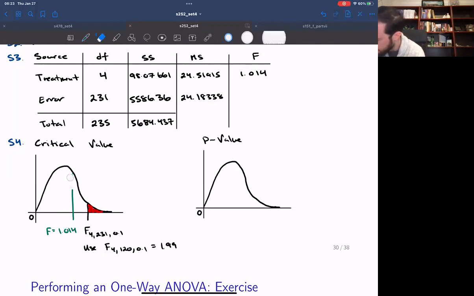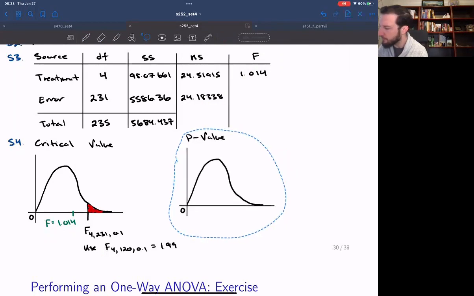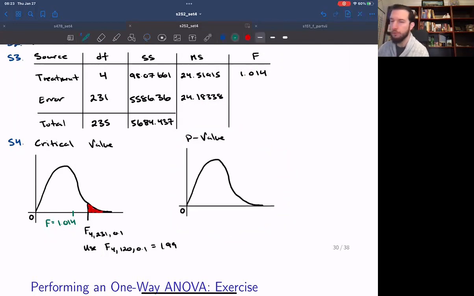It's just a marker. All right, so based off the critical value approach, we're not going to reject. So obviously the p-value approach is going to agree, but we'll still go through it just to see the process.